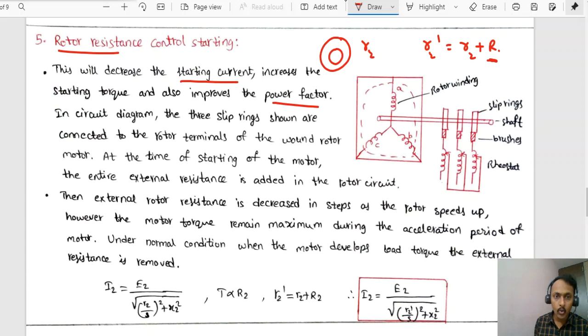The slip rings shown are connected to the rotor terminals of the wound rotor motor. At the time of starting of the motor, the external resistance will be added to the rotor circuit. Slowly, once the machine develops the required amount of torque or attains its normal speed, the externally connected resistances will be removed.